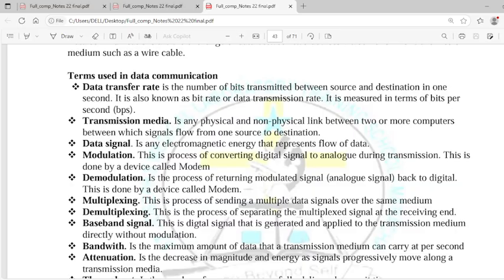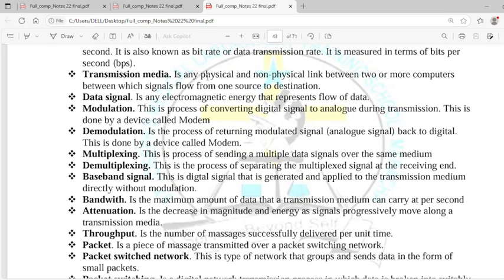Then we have transmission media. Like in communication, a media is anything that aids in the communication between two people. The method or the way that one person uses to communicate with the other is the medium. For example, I can choose to communicate with the other person using a telephone.